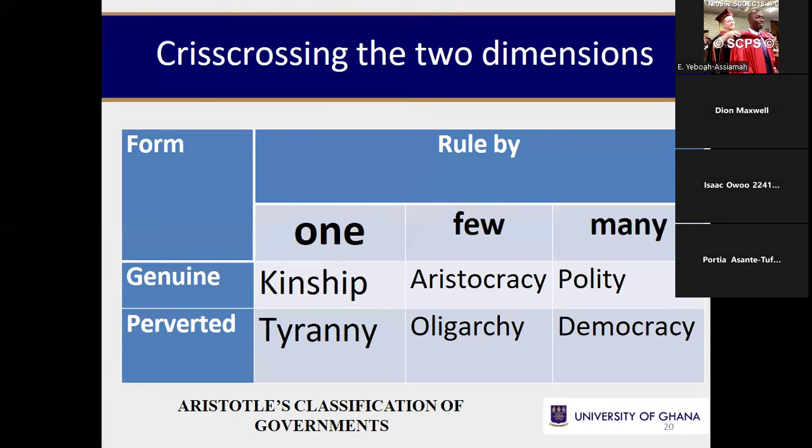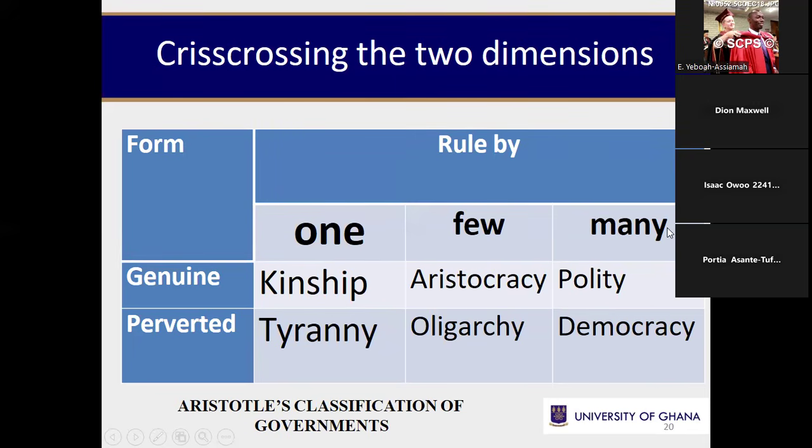Now, you realize that he focused his study on 2 dimensions, the nature and form of what? Participation. Okay. The rule by the nature of participation, rule by whether one person, right? Whether it's by few people or whether by many people.